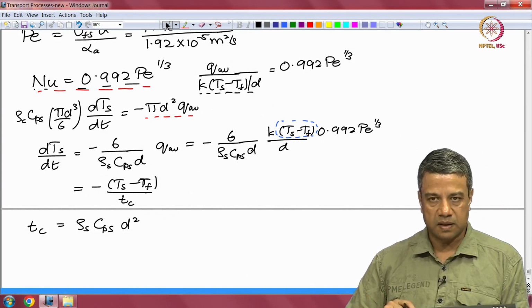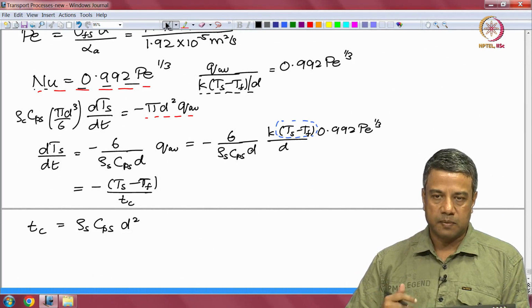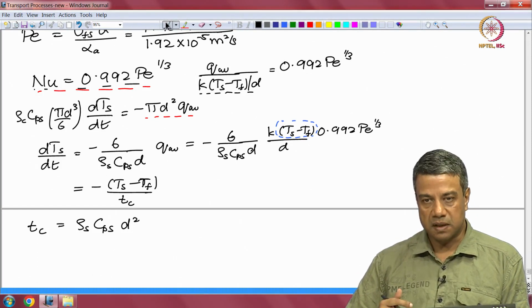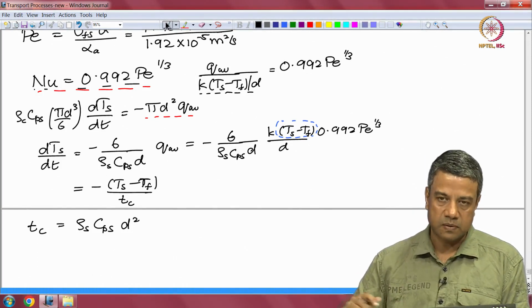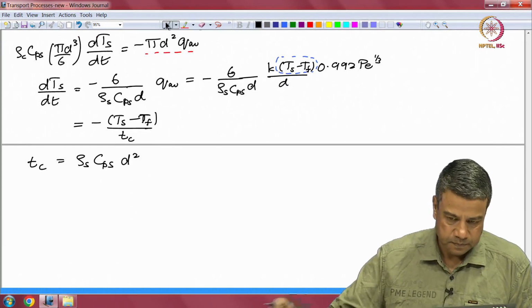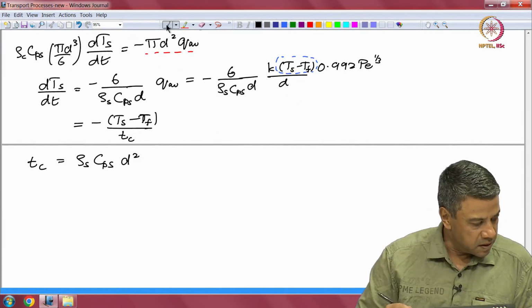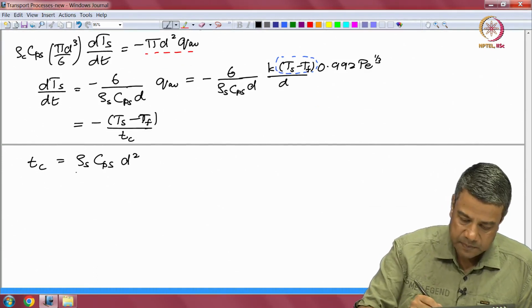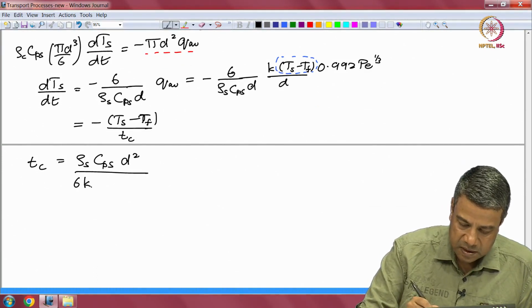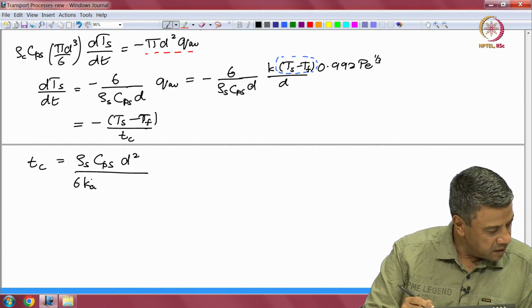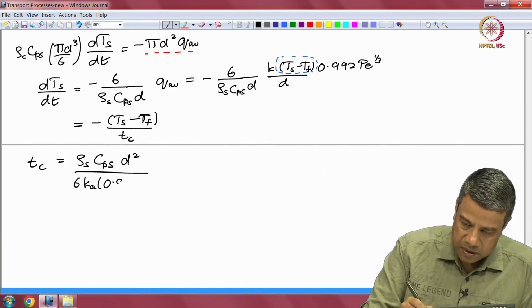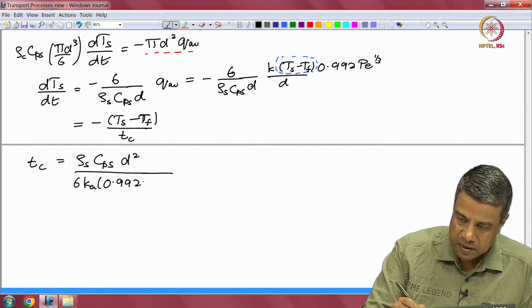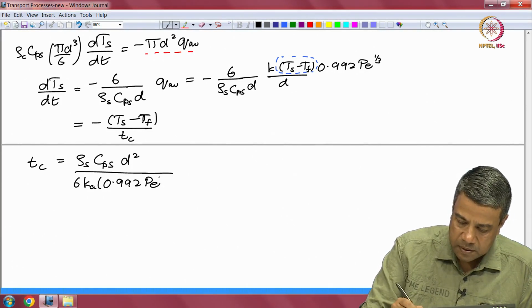So, kindly note that difference. In the limit of high Peclet number, the Nusselt number has to be large compared to 1. So, it is Pe power plus 1/3. So, this is rho s Cps d square by 6 K a into 0.992 into Pe power 1/3.